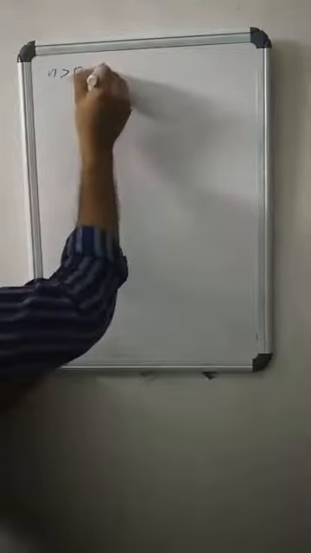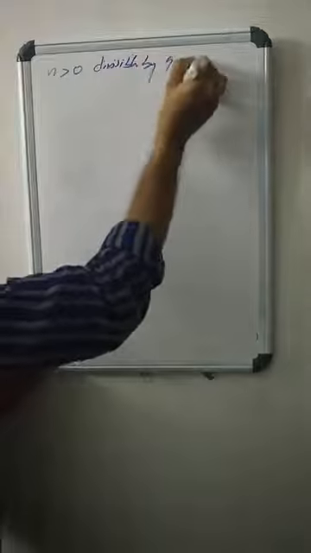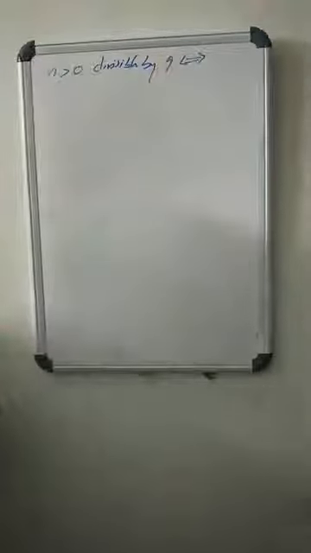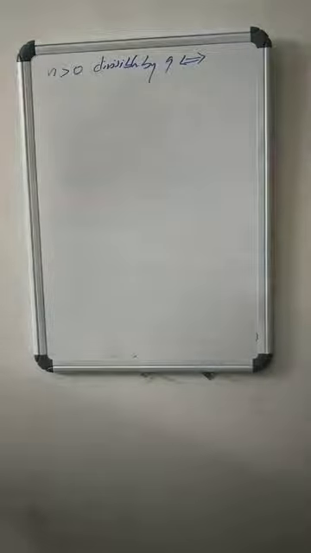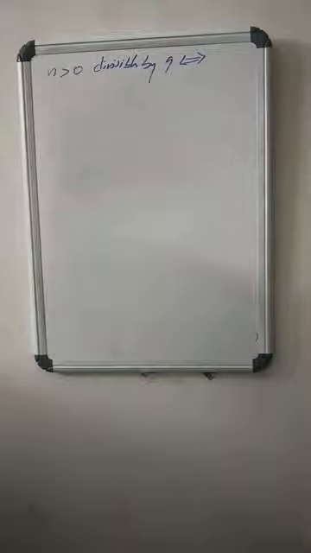An integer n greater than 0 is divisible by 9 if and only if the sum of its digits in its decimal expansion is divisible by 9. If an integer n greater than 0 is divisible by 9, then the sum of its digits in its decimal expansion is also divisible by 9.